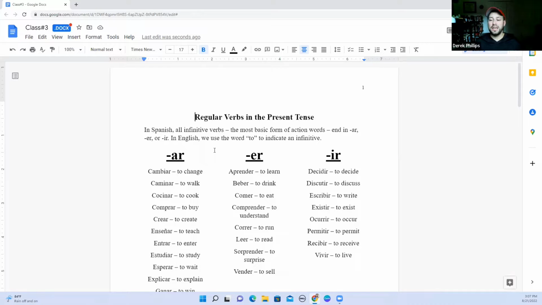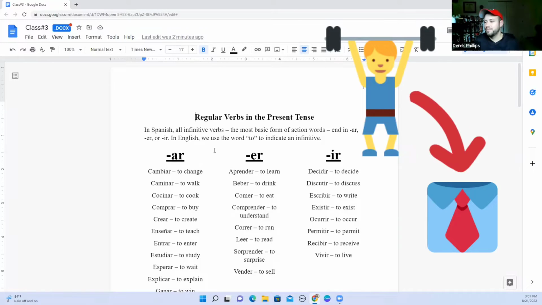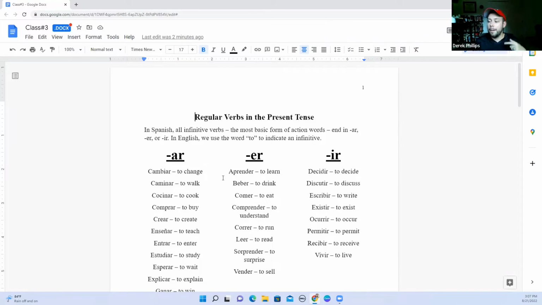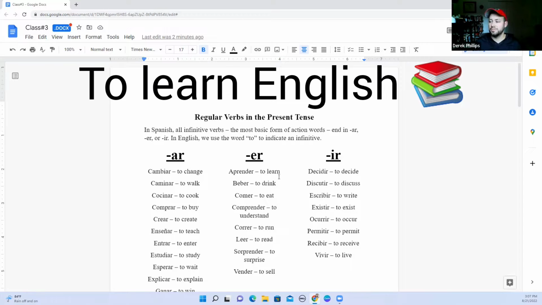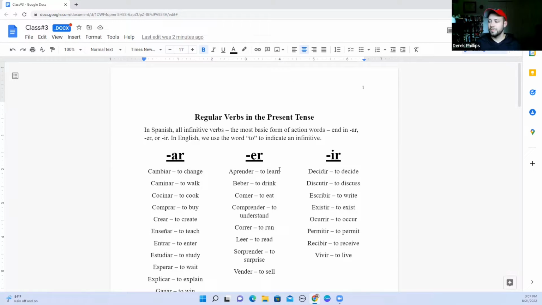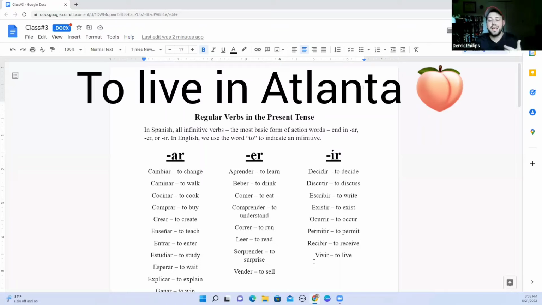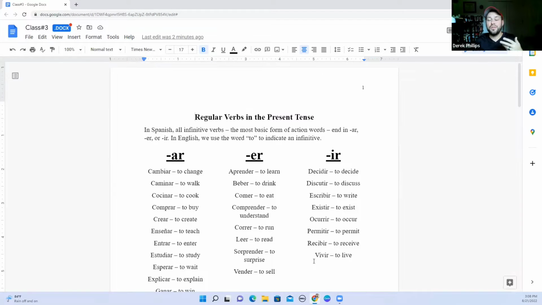For example, I need to change my clothes to go from exercise to dinner. Or aprender inglés, to learn English. Let's skip down here. Vivir, to live in Atlanta, to live in Barcelona. You get the idea.